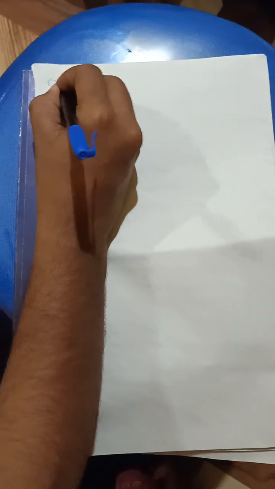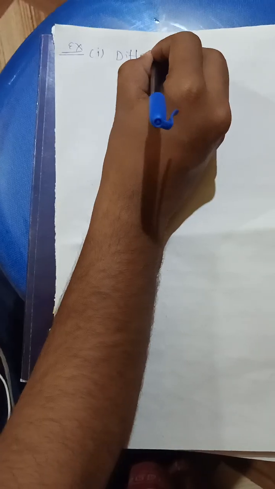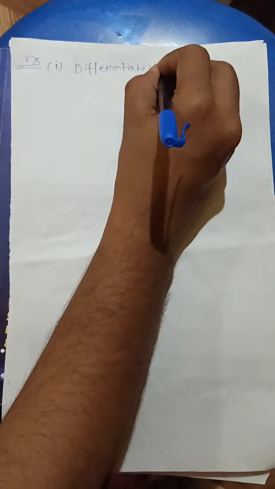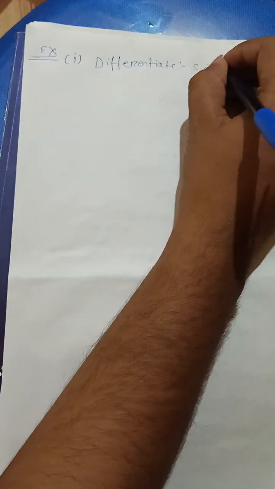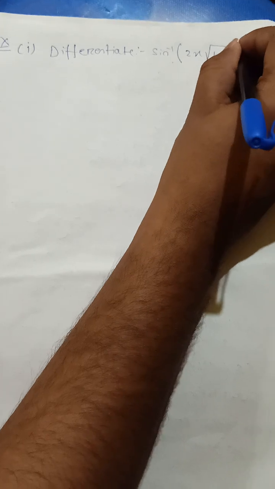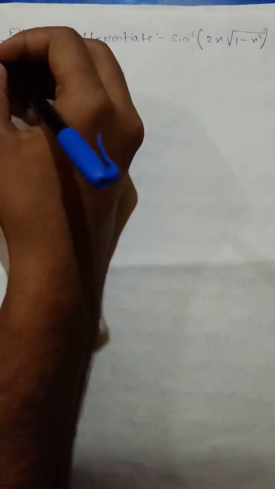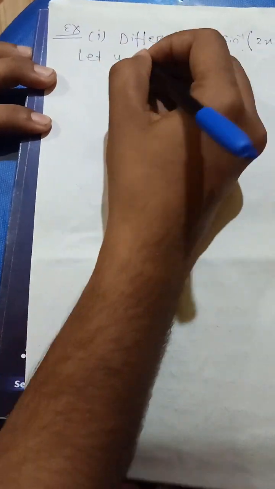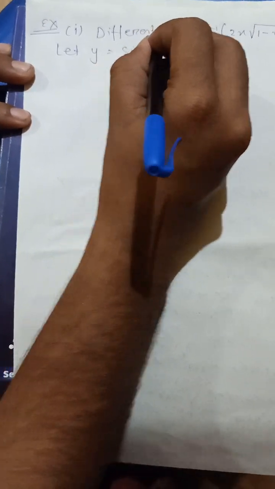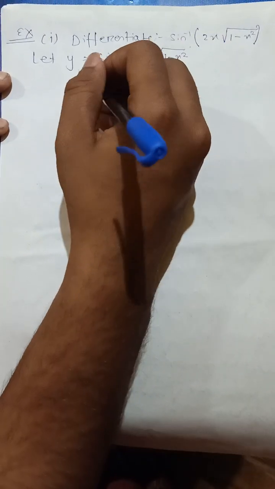Next, one example I will give you. Example number 1. Differentiate sine inverse of 2x root 1 minus x square. How can you differentiate this function? First we write, let y equals sine inverse of 2x root 1 minus x square.